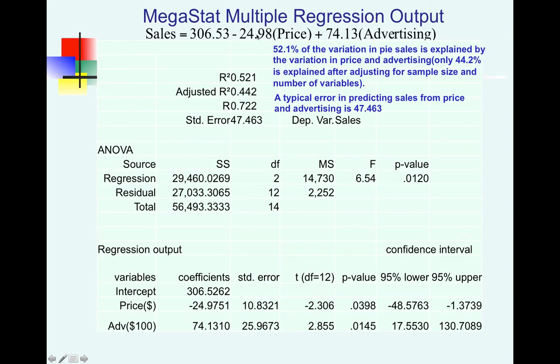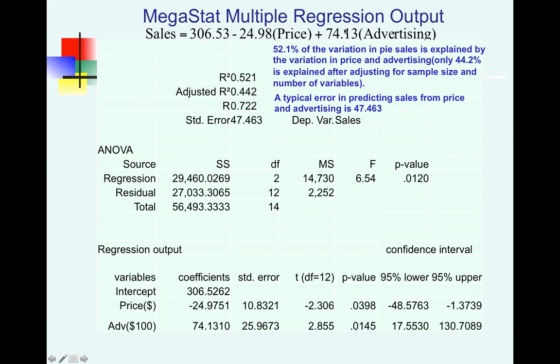Again, this is in terms of pies, so you could just round this to 25 pies. So for every dollar increase in pie price, we expect to sell about 25 fewer pies. Now there's another little technicality here, and then we have to talk about holding advertising constant. I'll get to that in a little bit.